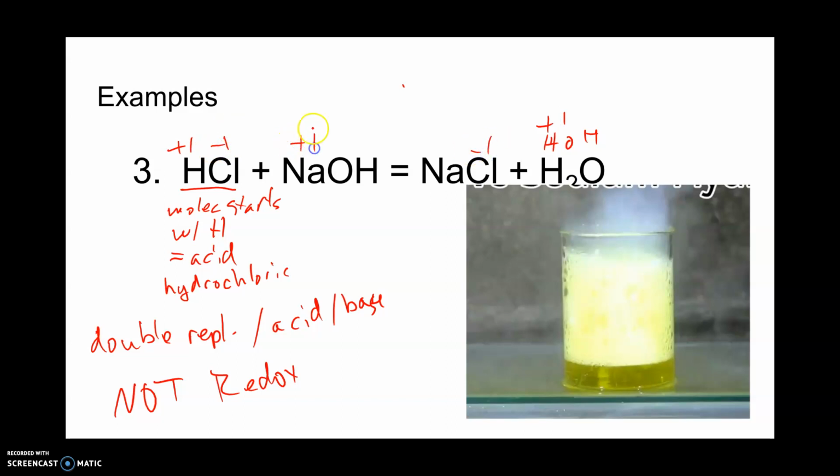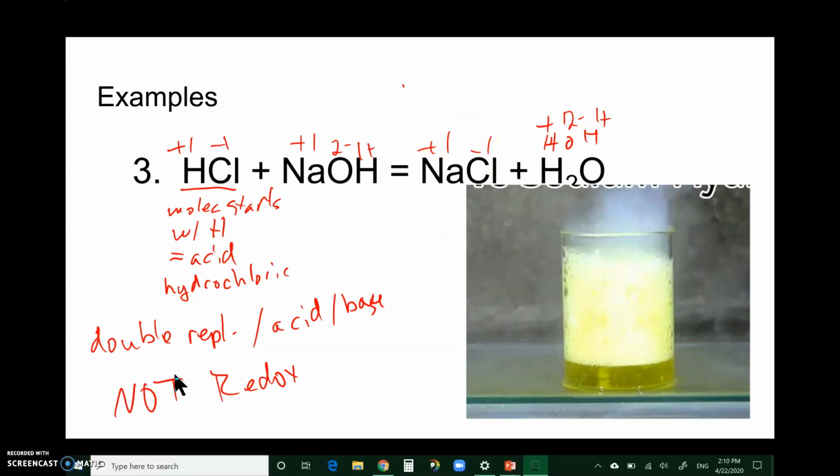The sodium is 1+. Here, it's still 1+. The oxygen and hydrogen in the hydroxide are 2- and 1+. And so there are multiple ways you can figure out that this is not a redox reaction.